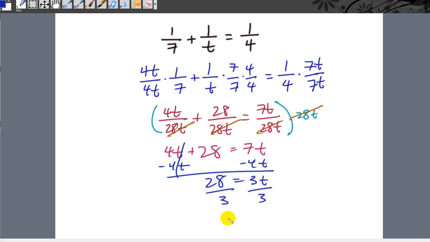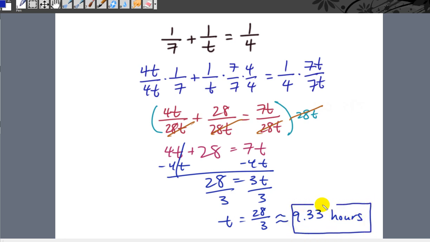And then t in this case is going to equal 28 divided by 3. Let's say I round that to the nearest hundredth. That's about 9.33 hours. So that's how long it would take Lara to clean the tank, about 9.33 hours.